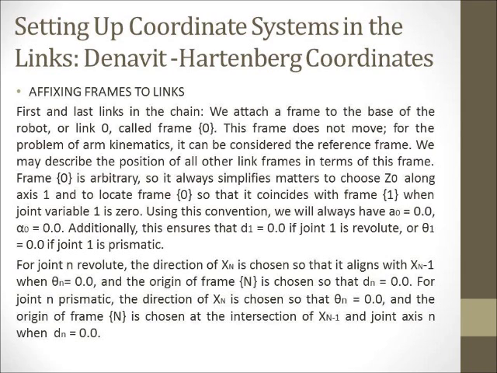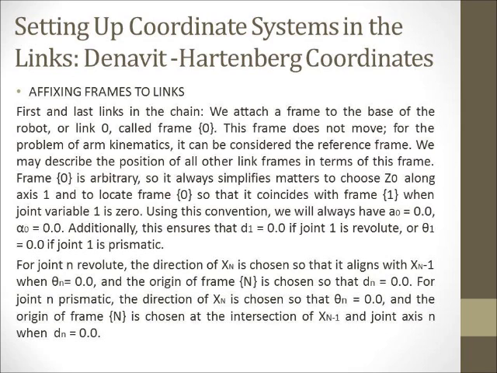Using this convention, we will always have a0 equals 0, alpha 0 equals 0. Additionally, this ensures that d1 equals 0 if joint 1 is revolute, or theta 1 equals 0 if joint 1 is prismatic.